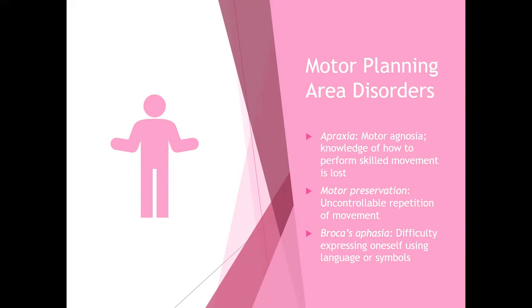A motor perseveration is the uncontrollable repetition of a movement. So you can have motor perseveration where you, say, lock and unlock the brakes on your wheelchair over and over and over again. You could also have verbal perseveration where you say the same thing over and over again. And I've definitely worked with people who have both of those things.